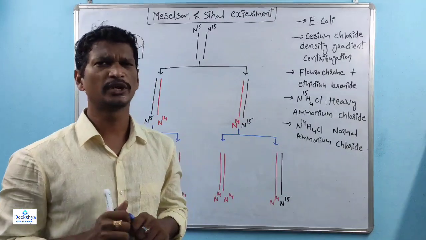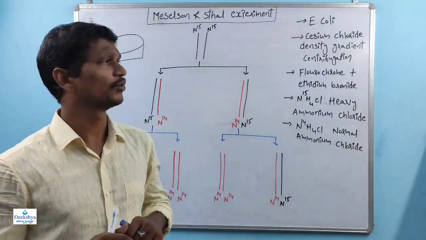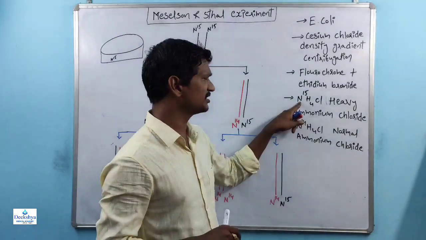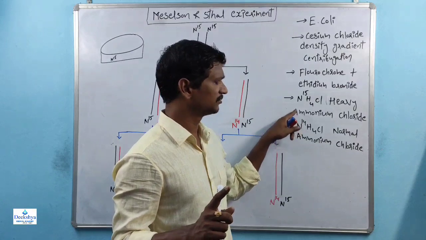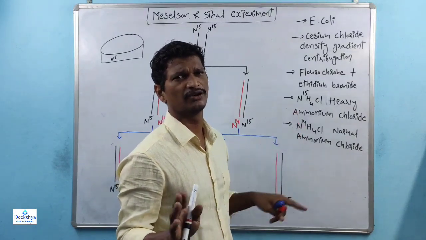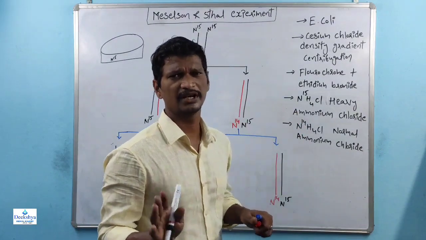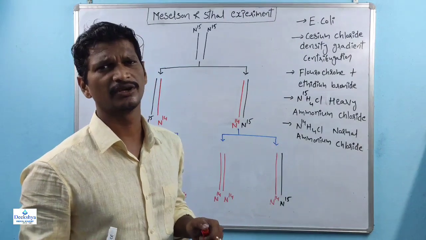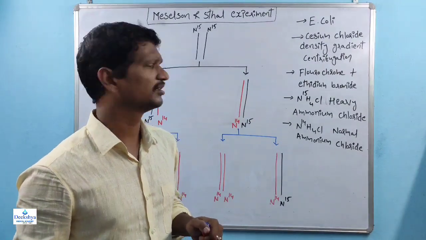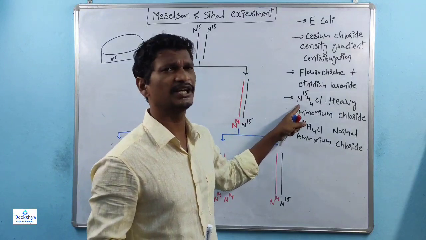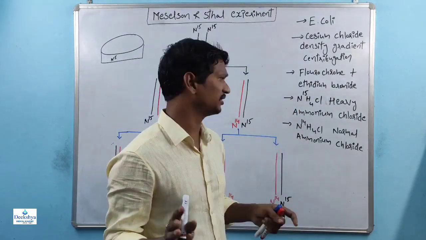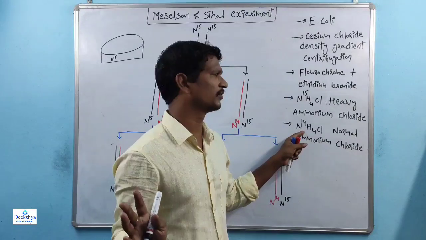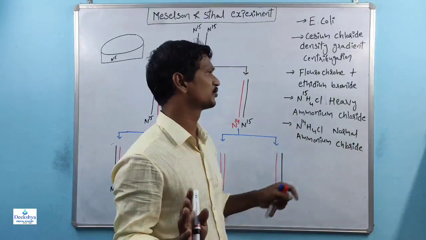Remember, two types of isotopes are used. One is N15, the other is N14. First of all, these are not radiolabeled substances. N15 and N14 are isotopes. N14 is the normal one, and N15 is the heavy isotope.